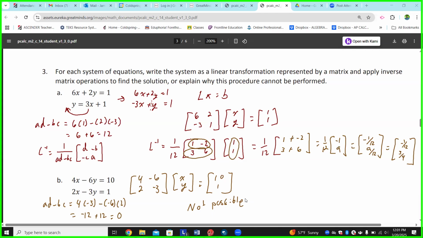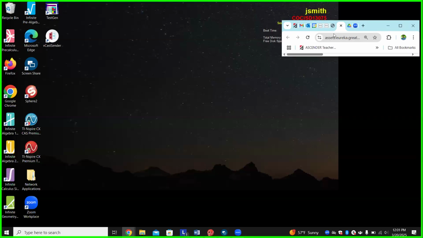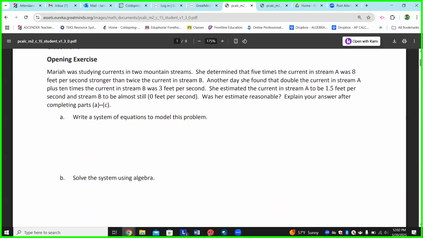After that, it wants you to do both: solve it using algebra from Algebra 1 or Algebra 2, and then part C using my method, the method that we learned yesterday, to finish it up. So instead of staring out in space, we are working on the opening exercise, which I believe is on page 115.